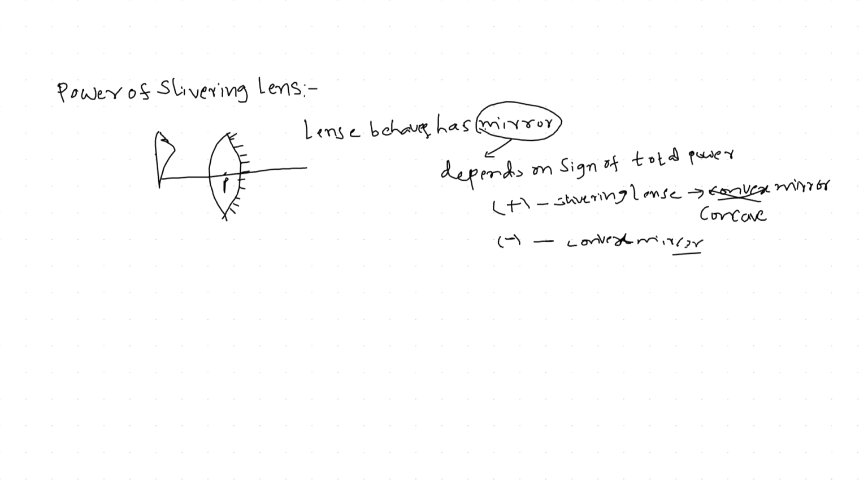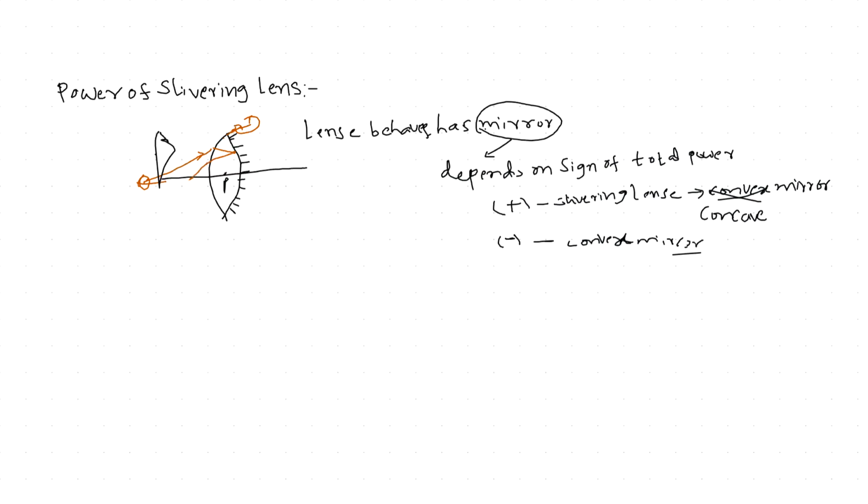So now, how to get the power first of all? For example, here consider an object. The incident ray which is incident on the first surface of the lens is refracted, reaches the mirror, is reflected, and is again refracted.